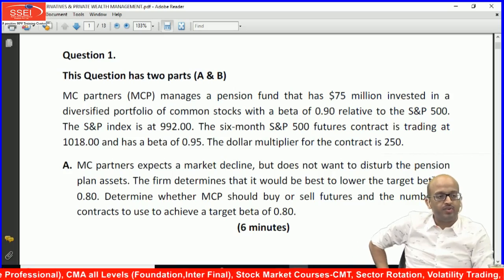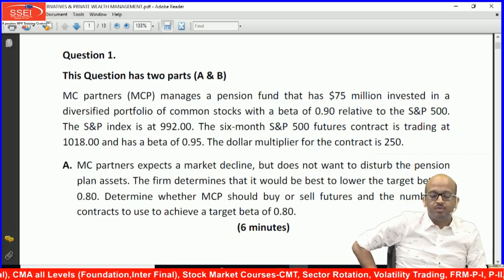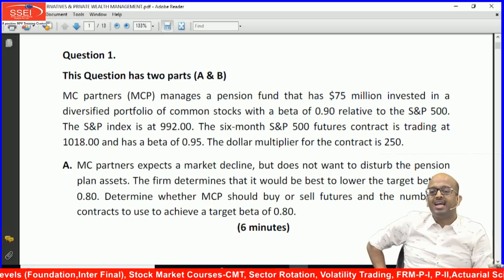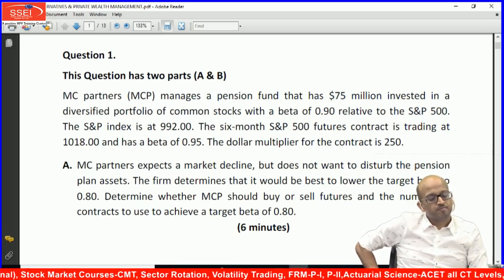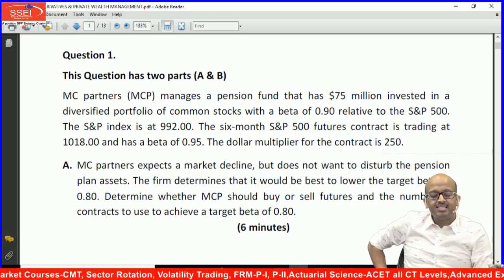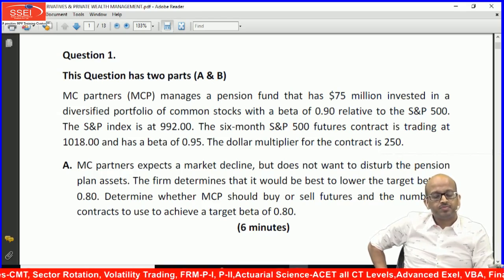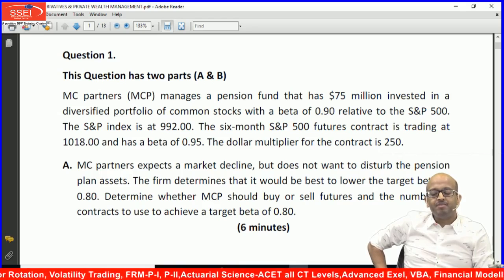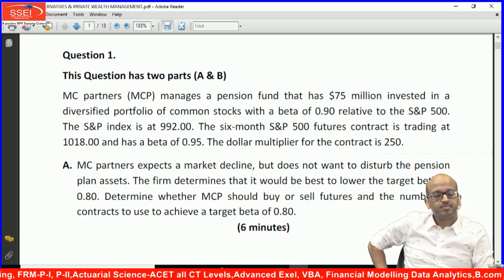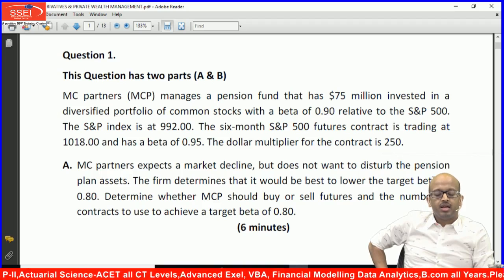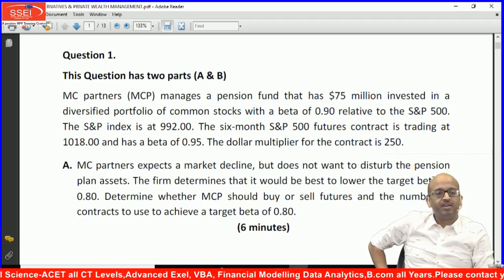What is common stock? Equity. So it's a diversified equity portfolio with a beta of 0.9 compared to S&P 500. S&P index is at 992. The 6-month S&P 500 futures contract is trading at 1018 and has a beta of 0.95.